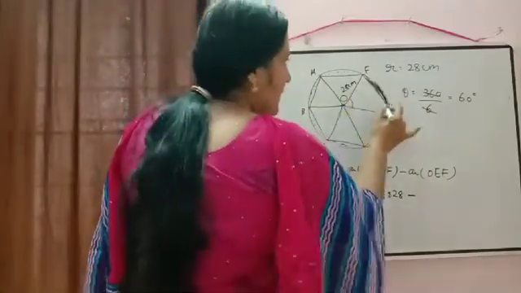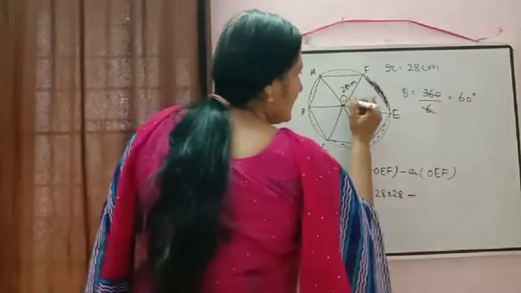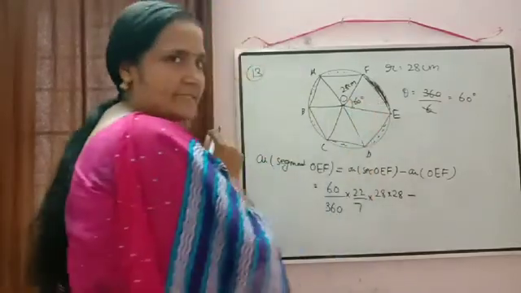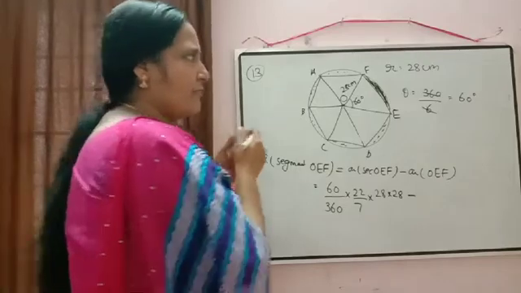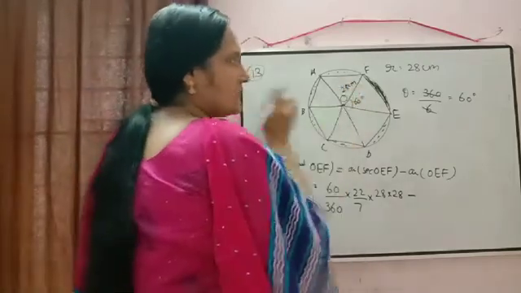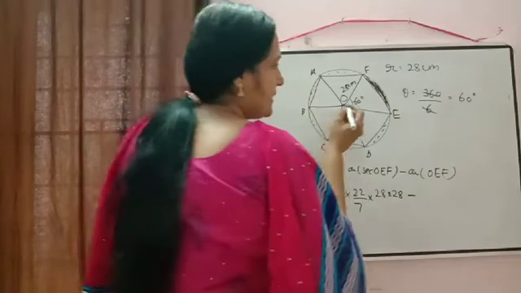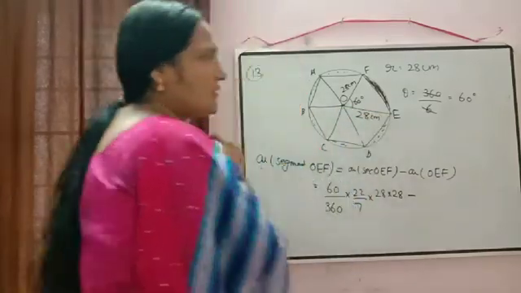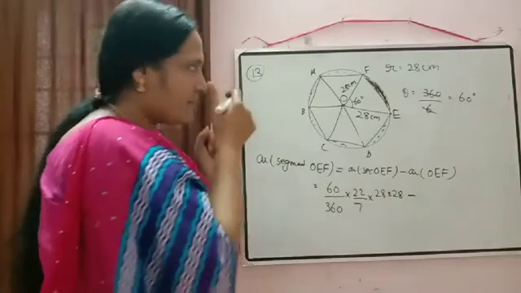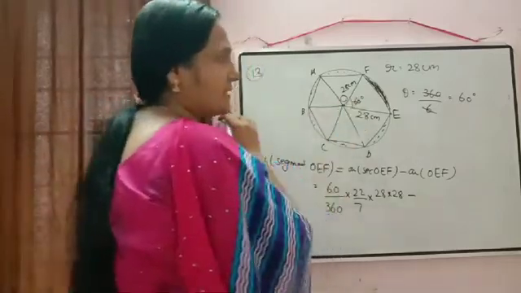Now triangle OEF. What is the angle here at the center? 60 degree there. Now which type of triangle is triangle OEF? OF is the radius, that's why it is equal to 28 centimeter. OE also radius, so that is also equal to 28 centimeter. Now this angle is given 60 degree.